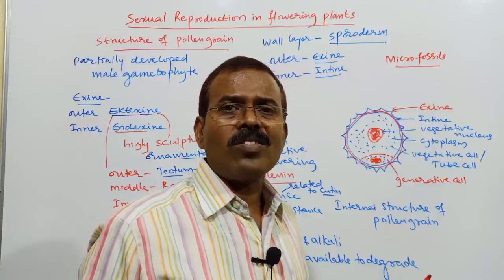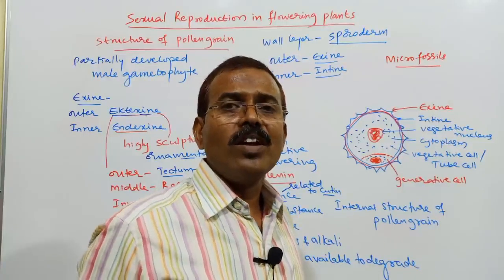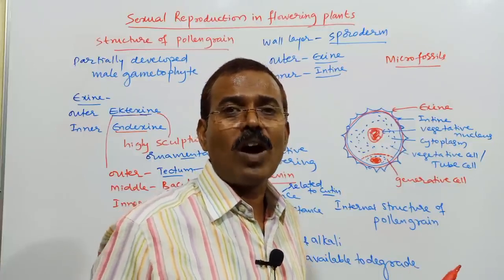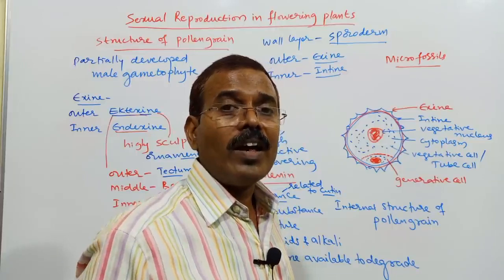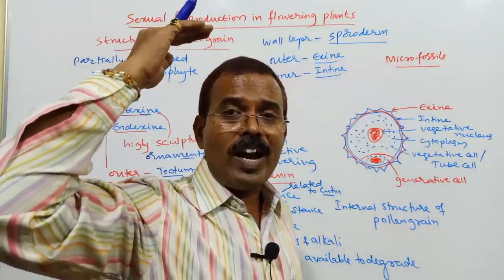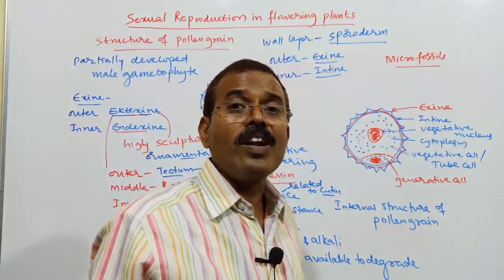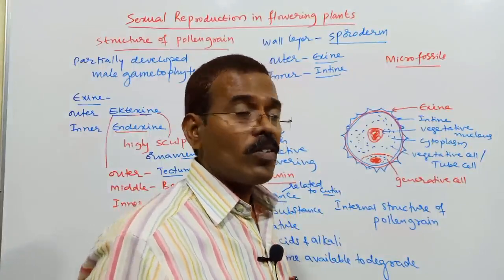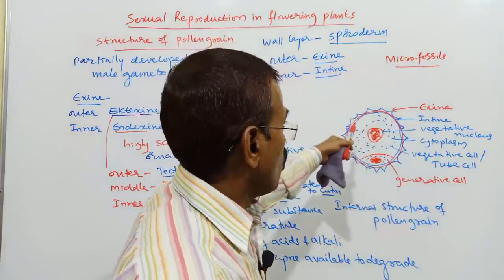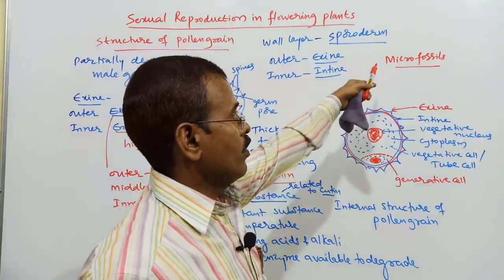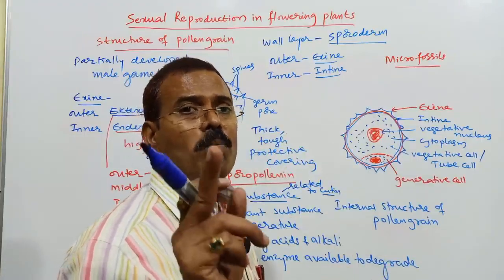They resist unfavorable conditions. So these pollen grains can remain in the air or in water. Pollen grains of the ancient plants which lived many years back can survive. That is because of the sporopollenin which is deposited in the exine layer. That's why the pollen grains are called microfossils.